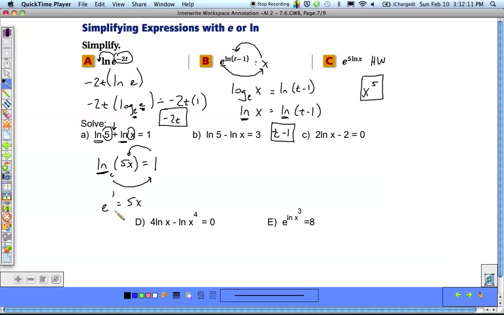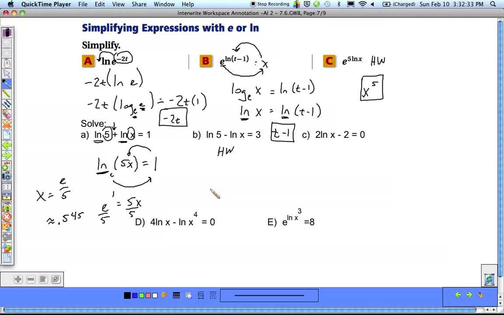So then let's go through and actually solve for x now. Divide both sides by 5, and we would get x equals e over 5. We can leave our answer as that, or we can type it in and say this is approximately equal to 0.545.